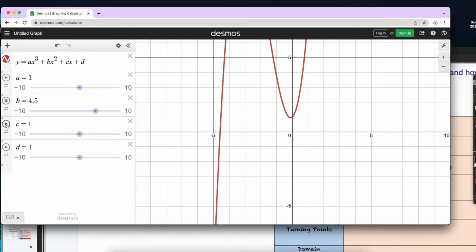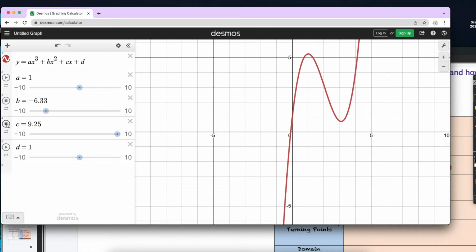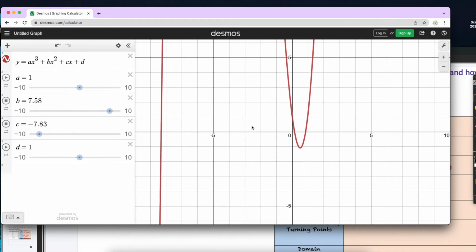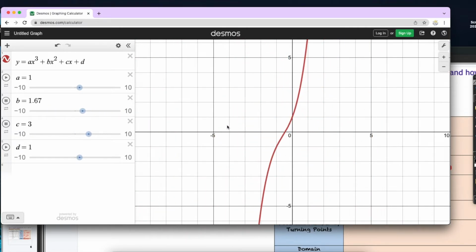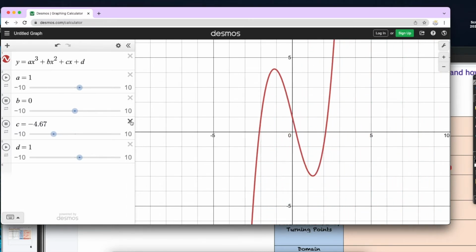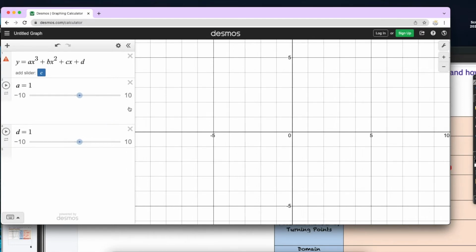But the C and the B play a role in how this thing behaves, and particularly how many x-intercepts it has, okay? So I'm going to actually get rid of C and B, because they're going to cause more confusion than they're worth.